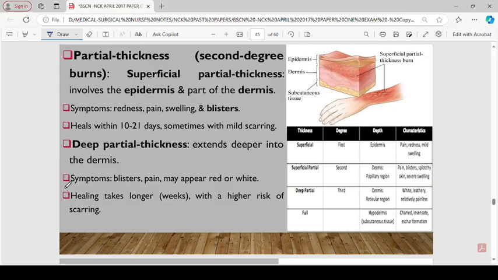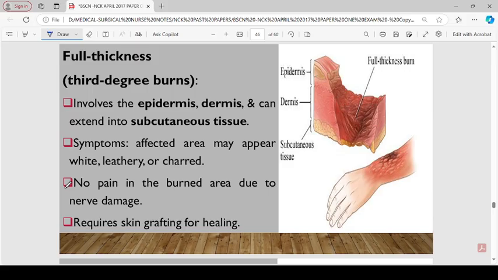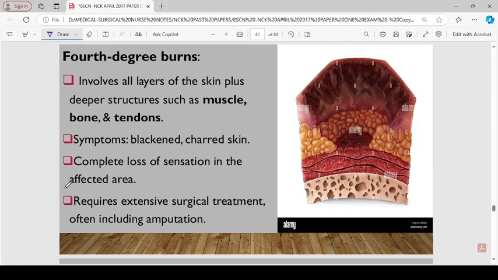Partial thickness involves the epidermis and part of the dermis, while the deep partial thickness extends deeper into the dermis. Full thickness, this is a third degree burn, involves the epidermis, dermis, and subcutaneous tissue, while fourth degree burns involve all the layers of the skin plus the deeper structures, such as the muscle, bone, and tendons.